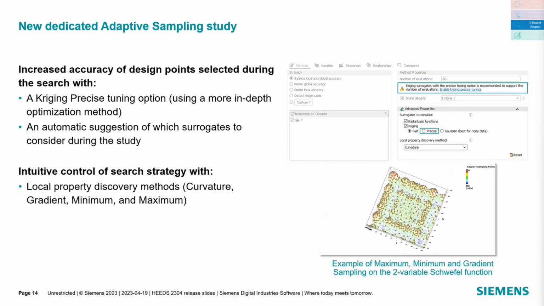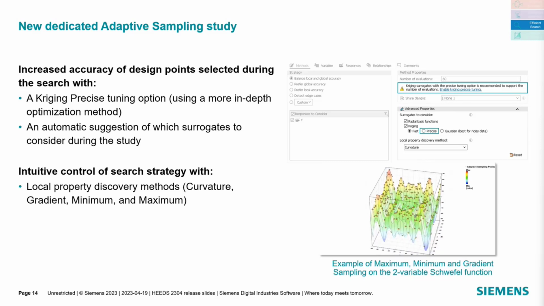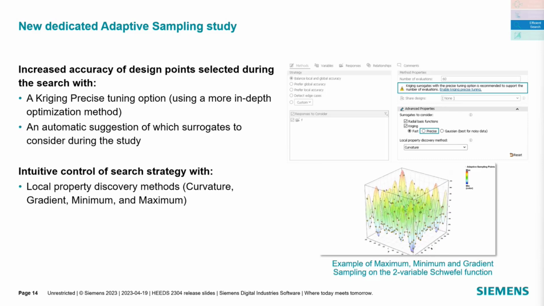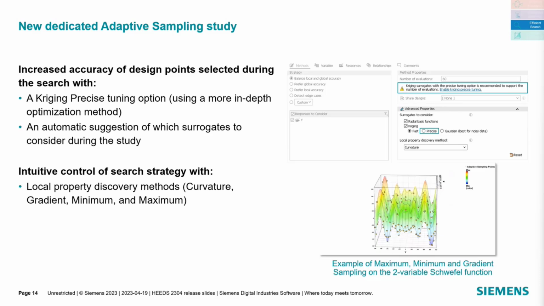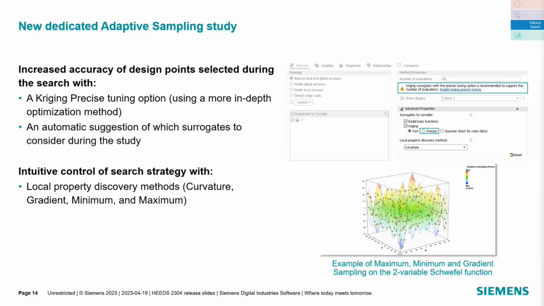So we've also added some internal capabilities or exposed some of the capabilities that are behind the scenes with adaptive sampling. We've added Kriging precise tuning, which is a more direct method of hitting the design data points that are behind the scenes.